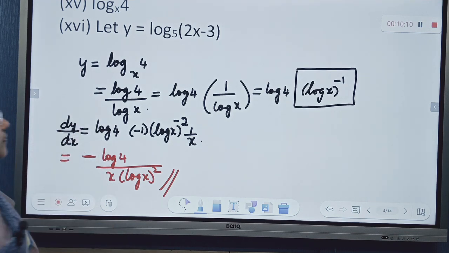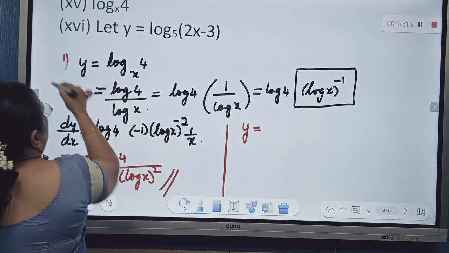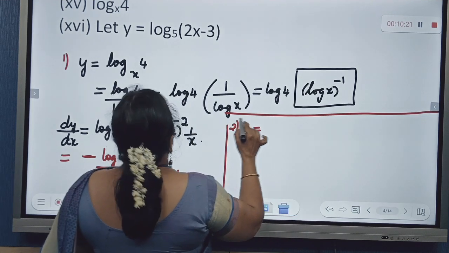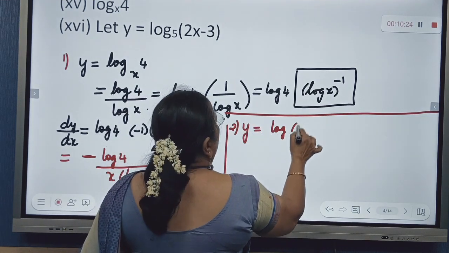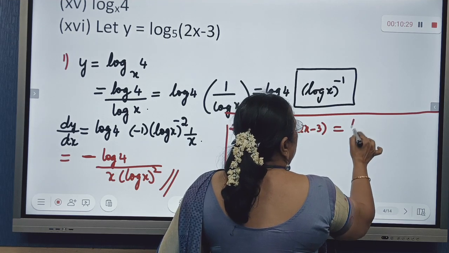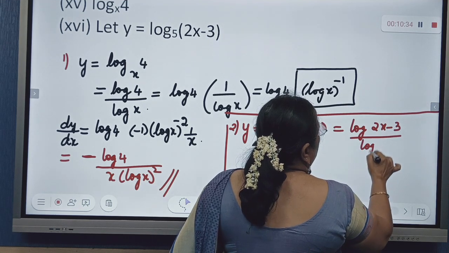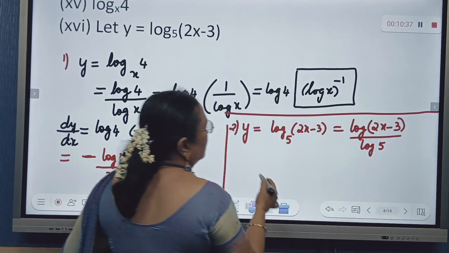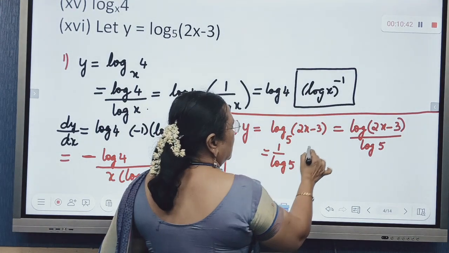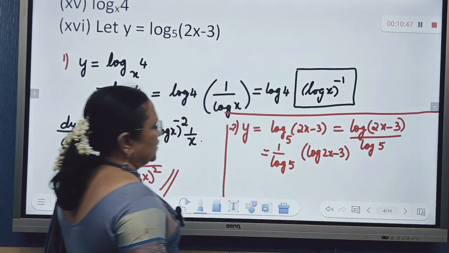Now what about the second one? Y equal to, this is the first one, now I am doing the second one. Now y equal to log of 2x minus 3 to the base 5. This is log of 2x minus 3 by log 5. So again 1 by log 5 is a constant into log of 2x minus 3, which is what I should differentiate.